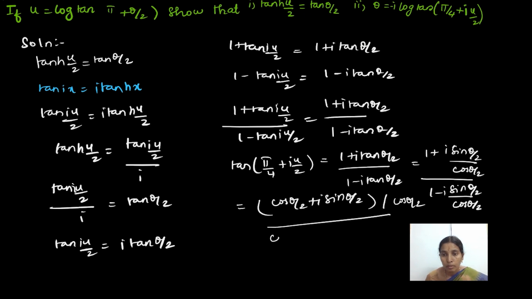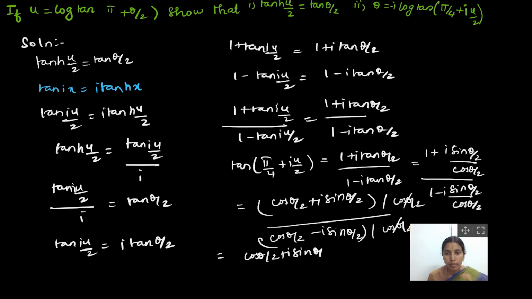Similarly, cos theta by 2 minus i sin theta by 2, the whole thing divided by cos theta by 2. Cos theta by 2 and cos theta by 2 get cancelled. Remaining thing is cos theta by 2 plus i sin theta by 2, whole thing divided by cos theta by 2 minus i sin theta by 2.